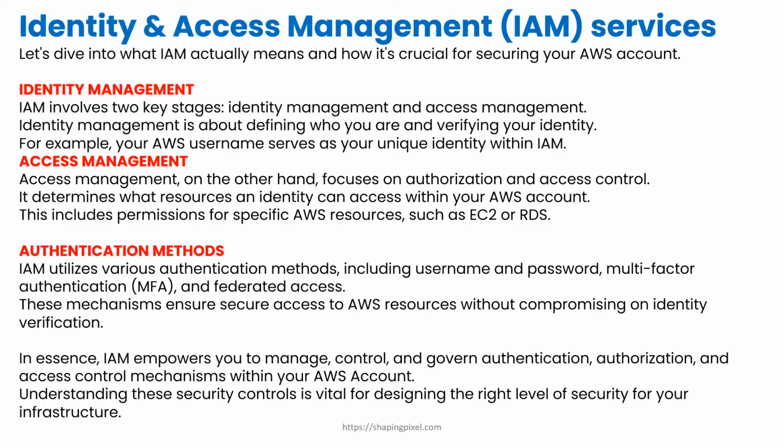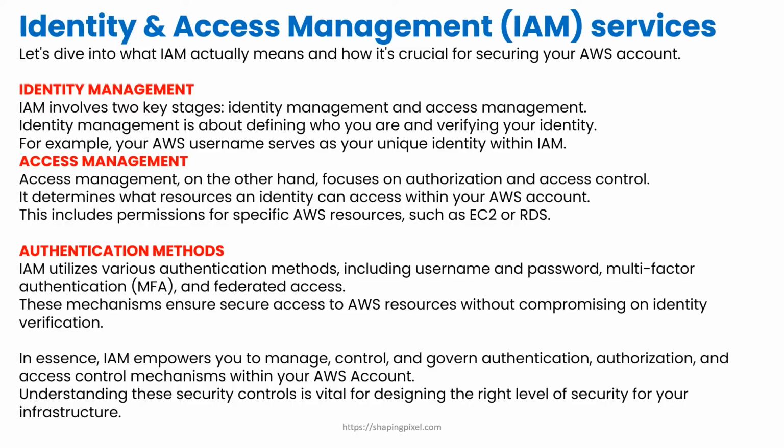For example, your AWS username serves as your unique identity within IAM. Access management, on the other hand, focuses on authorization and access control. It determines what resources an identity can access within your AWS account. These include permissions for specific AWS resources such as EC2 or RDS.